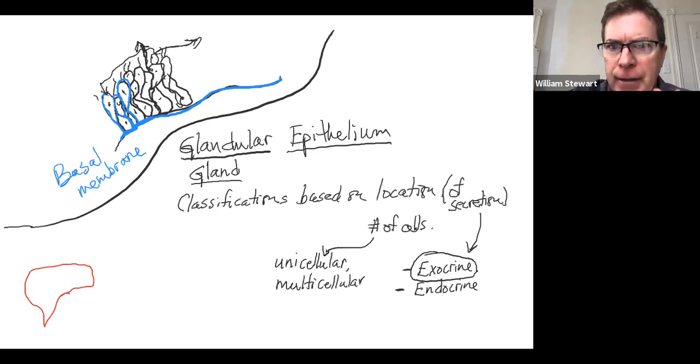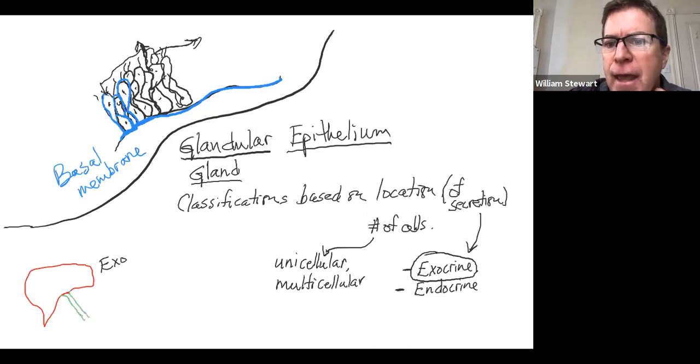I'll label it exo. The reason the liver is an exocrine gland is because it secretes a product, almost always a fluid. In this case, the fluid is called bile, B-I-L-E, and that fluid enters a tube or a duct. In this case, it's called the bile duct.